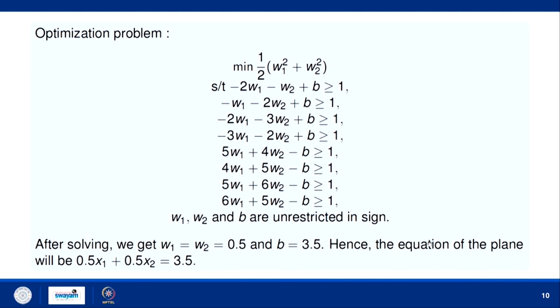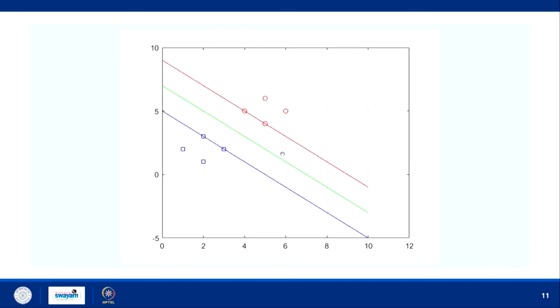Hence, the equation of the plane will be w transpose x equal to b, which is 0.5 x1 plus 0.5 x2 equal to 3.5. This is the optimal separating hyperplane where the margin is maximum. This plane is basically x1 plus x2 equal to 7.